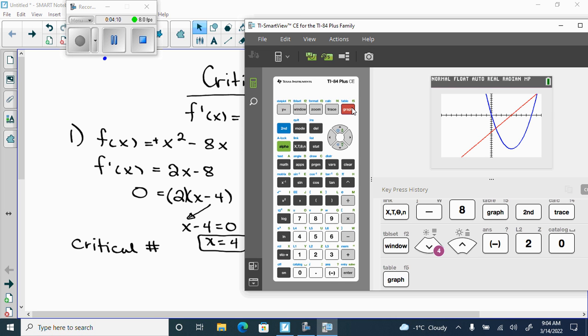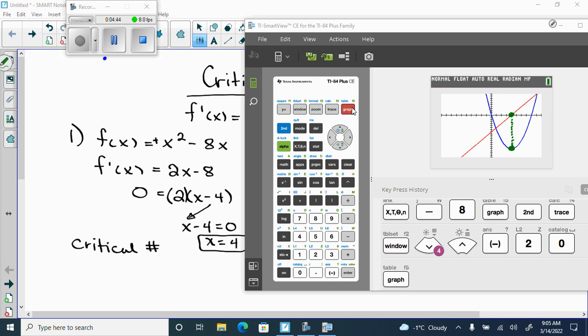So critical numbers of the first derivative are really just the x-intercepts, aren't they? Correct? So if you look here, my x-intercept is at 4, and on my original, my minimum is at 4. Do you see that? So wherever your x-intercept is on your first derivative graph, you could just draw down or up and find your min or your max, or your point of inflection type.